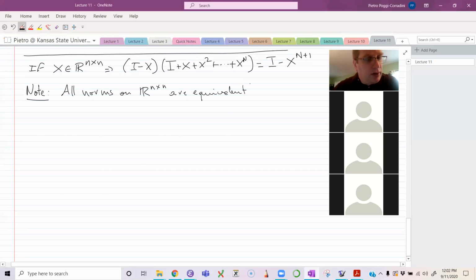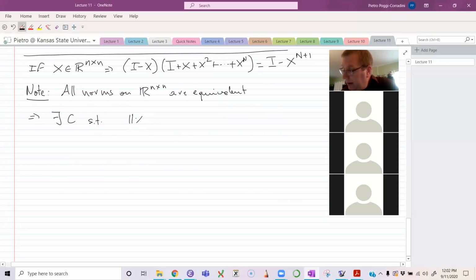That's something we mentioned before. So whatever our norm is for x, there's going to be a constant c, so that our norm is equivalent to the max norm.